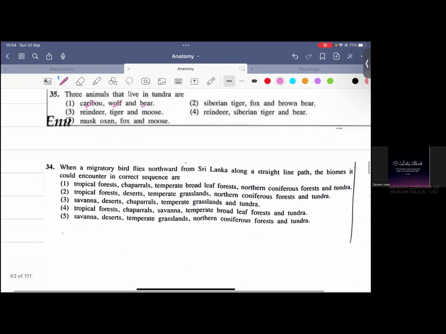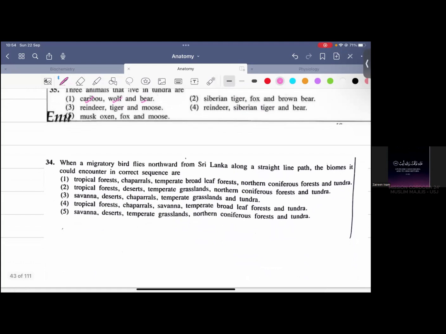So this is the one I told you that they asked: when you go from Sri Lanka northward along a straight line path, what are the biomes you will encounter? Should be a hard situation for the students sitting for this year.